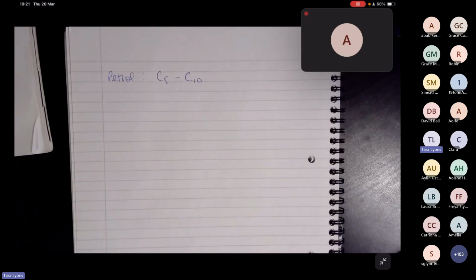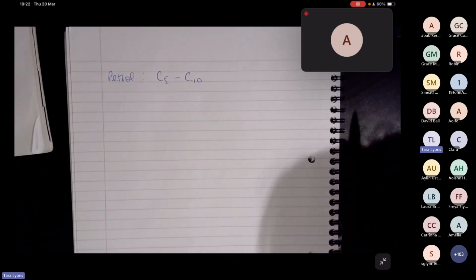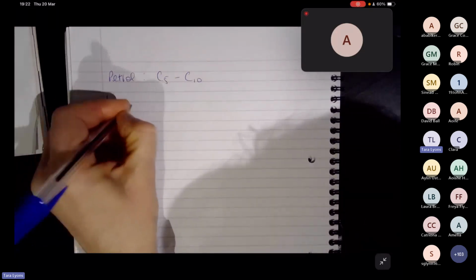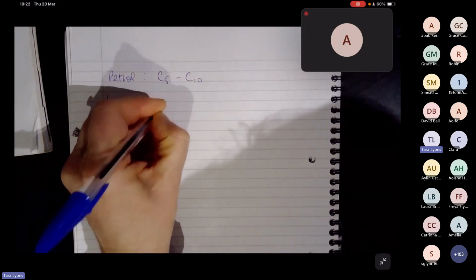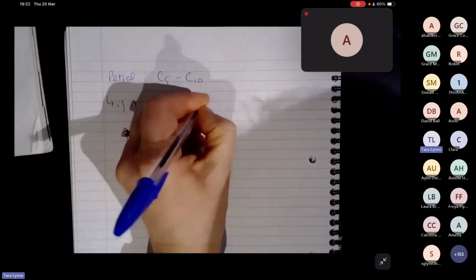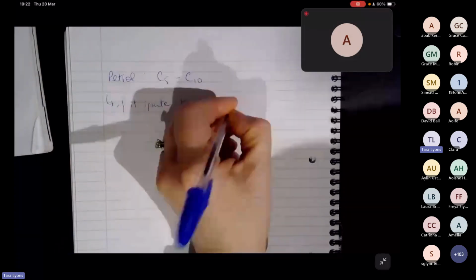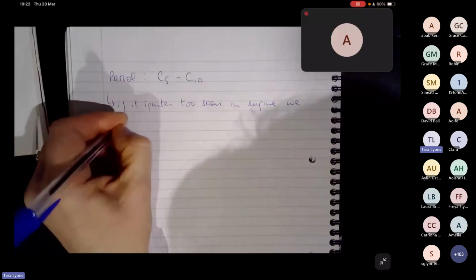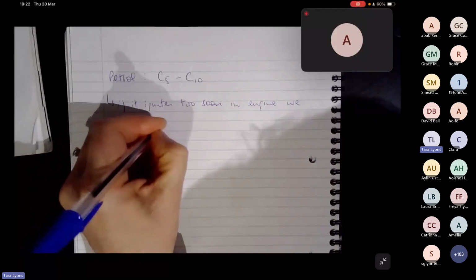And if it ignites with the oxygen in the air in the wrong compartment, so in other words, if it ignites too soon, meaning before it should, in the engine, we get a thing called auto-ignition.